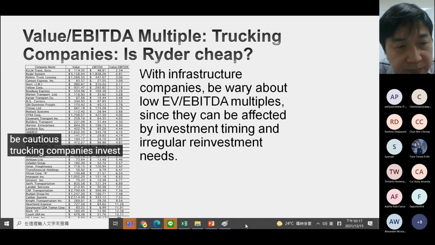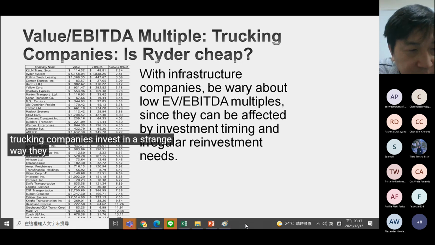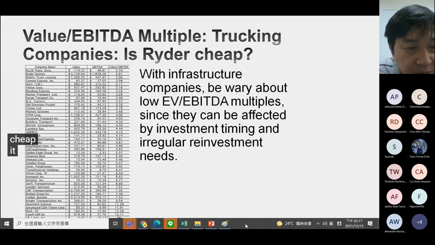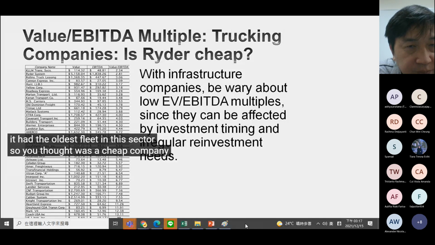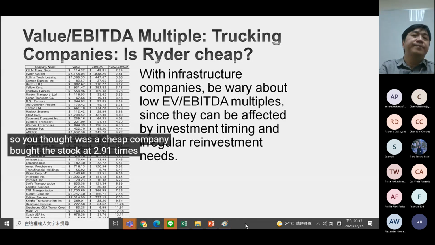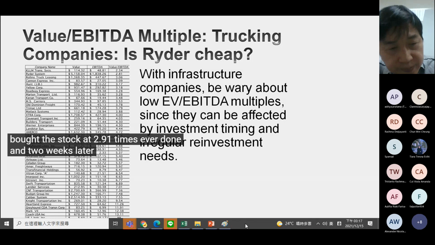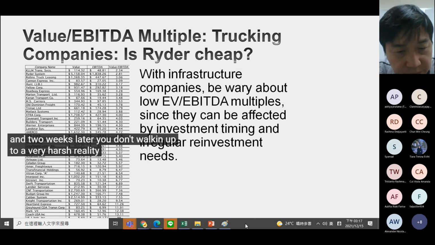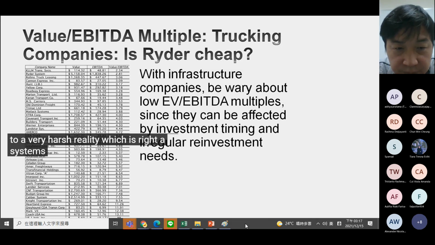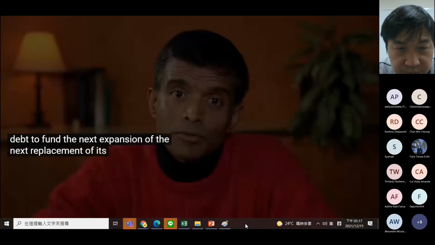Trucking companies invest in a strange way. They don't reinvest for years at an end, then they replace their entire fleet. You know why Ryder Systems looks cheap? It had the oldest fleet in this sector. So you'd have thought it was a cheap company, bought the stock at 2.91 times EBITDA, and two weeks later, you'd have woken up to a very harsh reality, which is Ryder Systems would have to issue a lot of debt to fund the next expansion or the next replacement of its fleet.